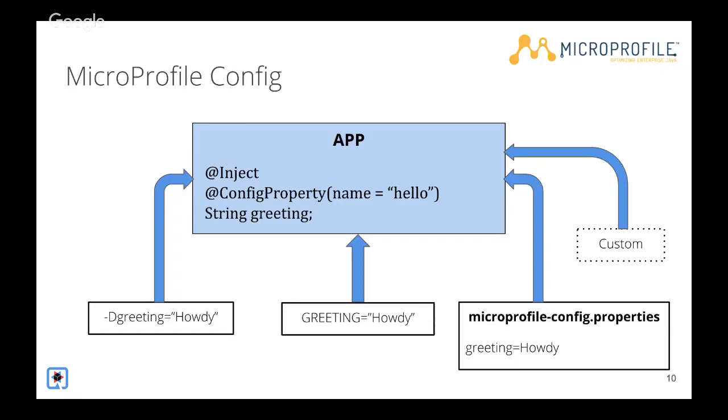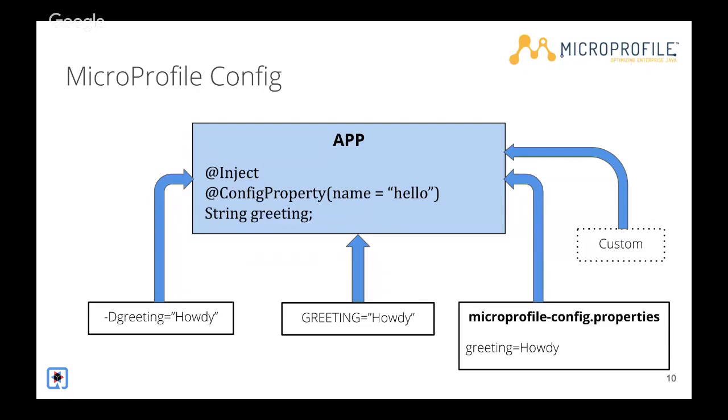You can specify a property using a Java property on the command line, or you could set an environmental variable, that's the middle box on the bottom, or you can define it in a microprofile-config.properties file. Now Quarkus does support that microprofile-config.properties file, but it also supports an application.properties file, and that's the one I'll be using during this presentation.